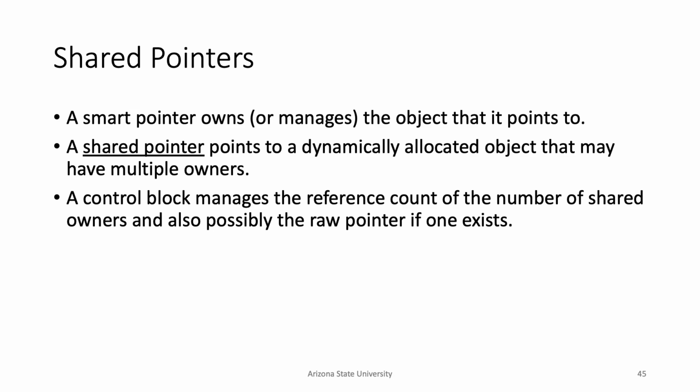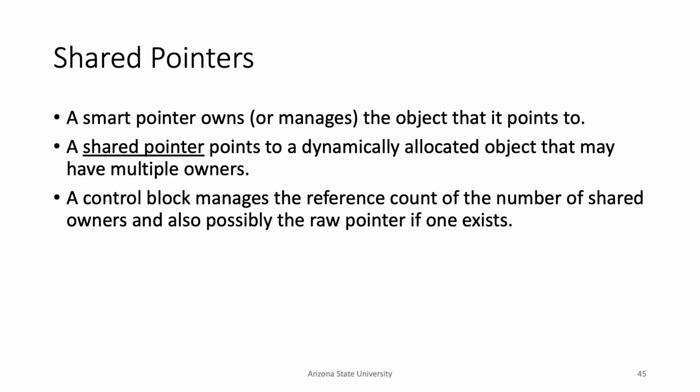But sometimes we want multiple owners of an object. Remember, a smart pointer manages the data that's associated with it. But a shared pointer is a way of having multiple pointers to the same object.